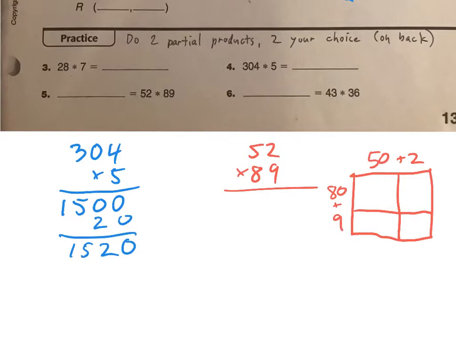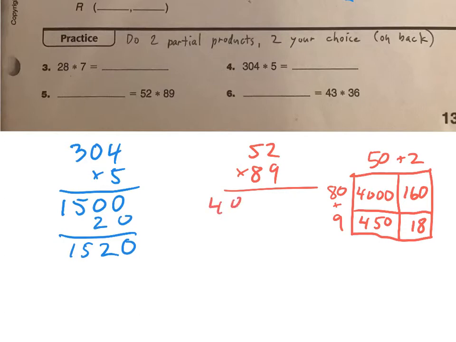And 80 times 50 will be 4,000. And 80 times 2 will be 160. And 9 times 50 will give me 450, and 9 times 2 gives me 18.